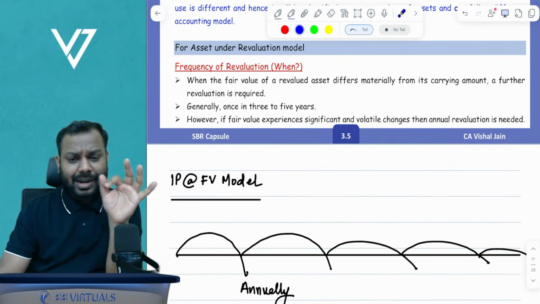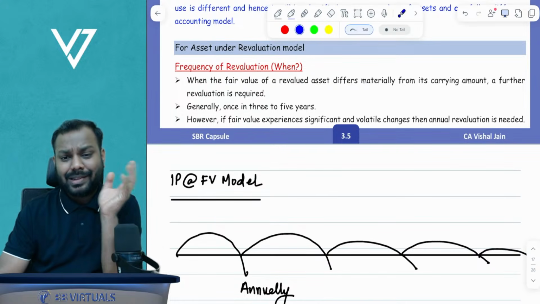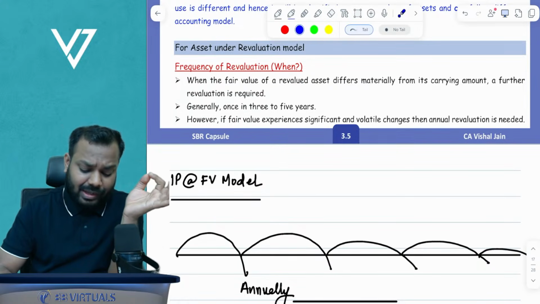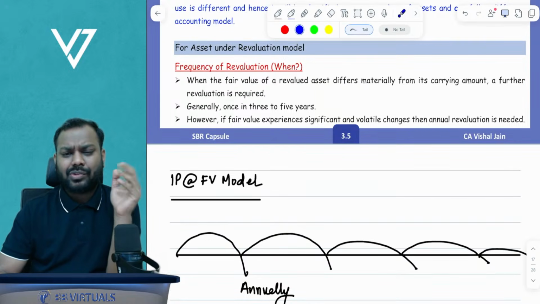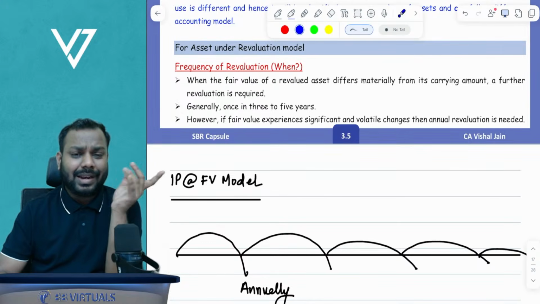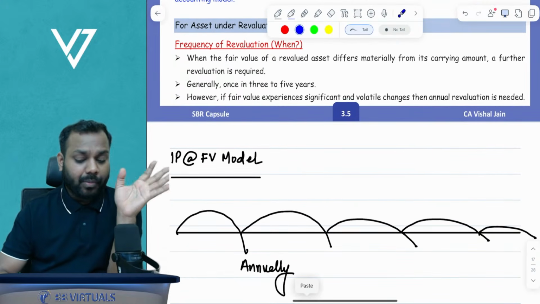Standard says that generally, but make sure that all the assets get revalued at least once in 3 to 5 years. Now, one more point.